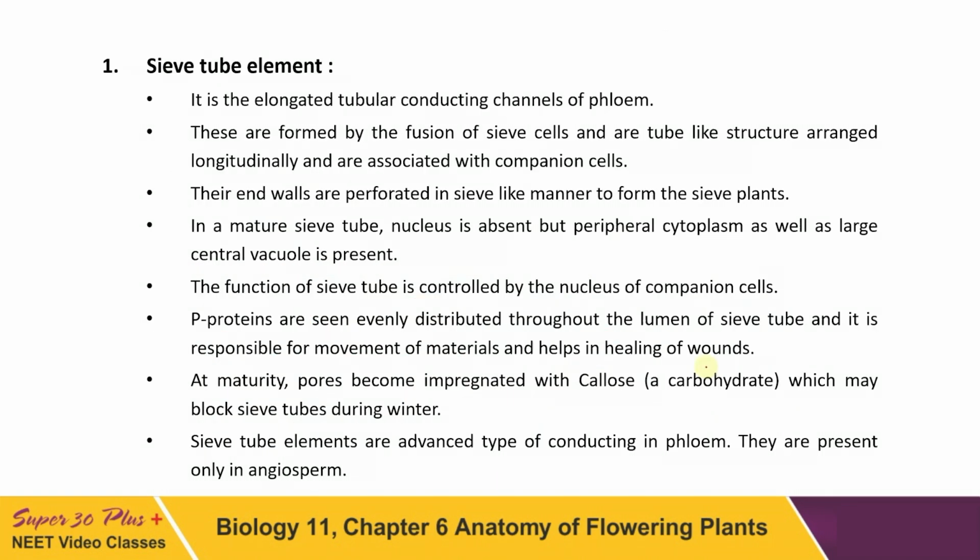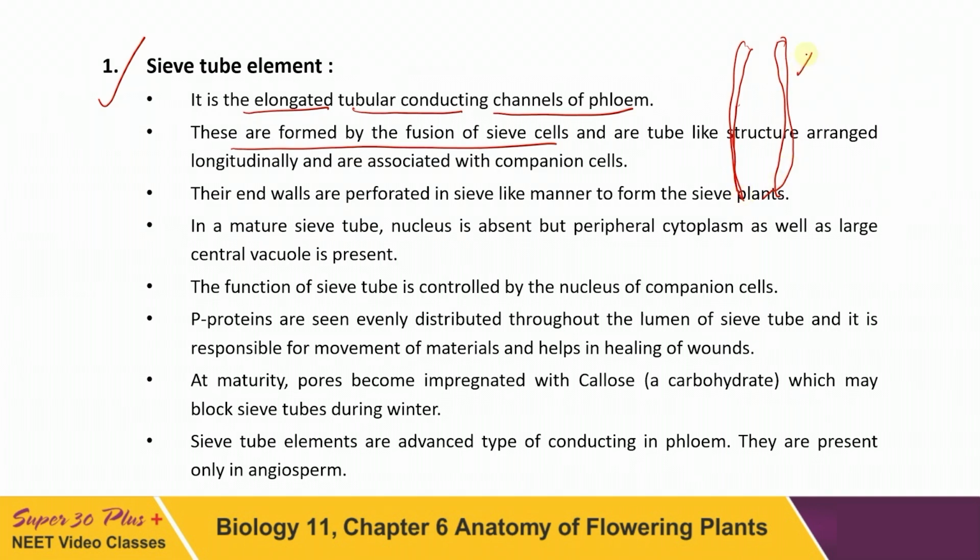Here we have to say one by one. First we have to say sieve tube element. These are elongated tubular conducting channels of the phloem, formed by fusion of sieve cells. I can give a rough diagram here: this is one sieve cell. It has a thin layer of peripheral cytoplasm, but in this case the nucleus is absent.